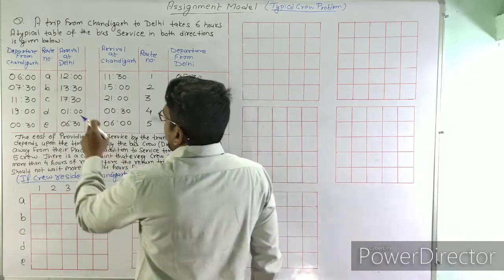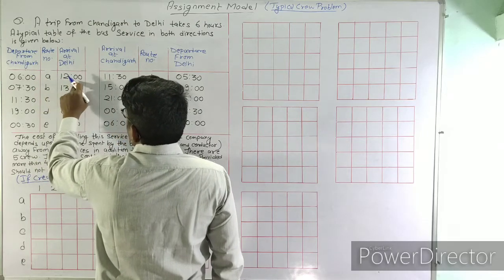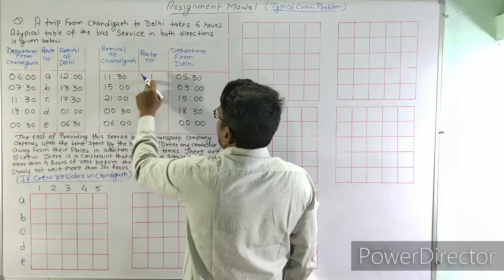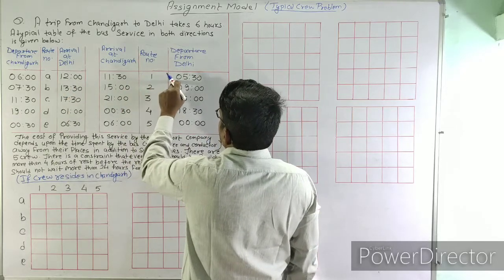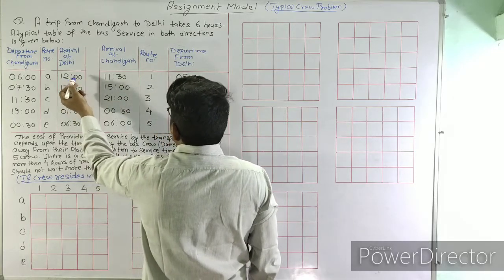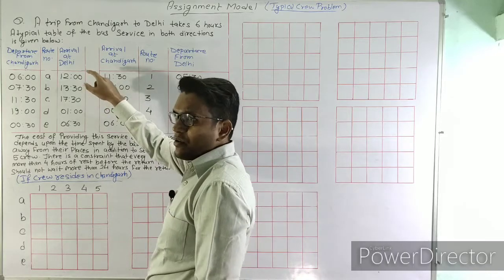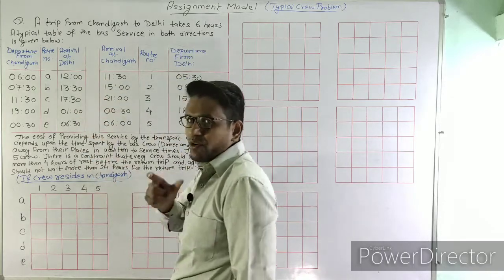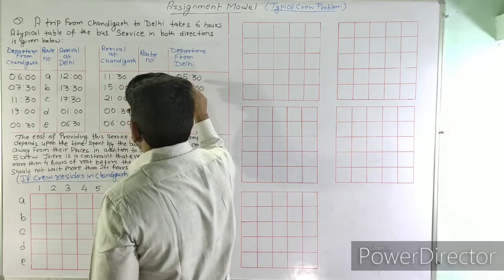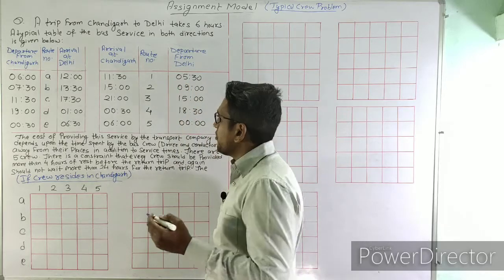If a crew came from route A, it came at 12 o'clock, and if it returns on route 1, it departs at 5:30. The difference is 12 plus 5:30, which is 17 hours 30 minutes, or 17.5.